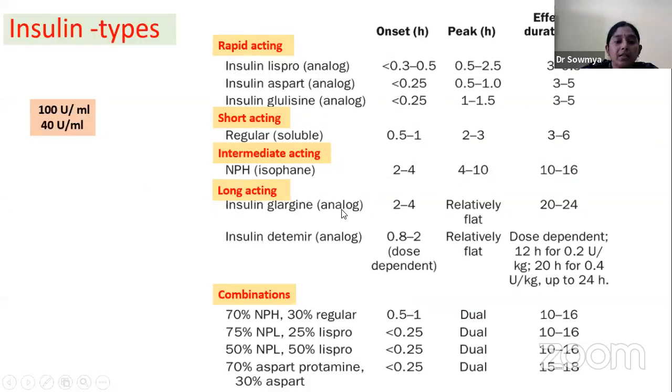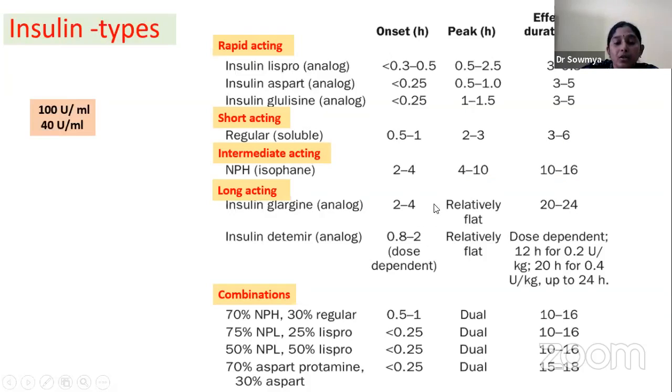Coming to the long acting, these are also analog insulins. These are used for basal insulin, and the examples are insulin glargine, usually the Lantus which we are using, insulin detemir, and the other example is Tresiba, that is insulin degludec. Usually there is no peak; a relatively flat line will be there.